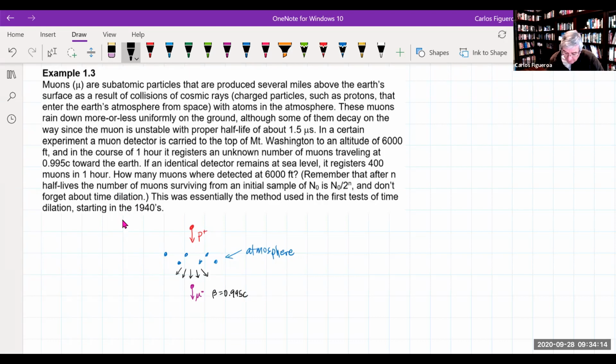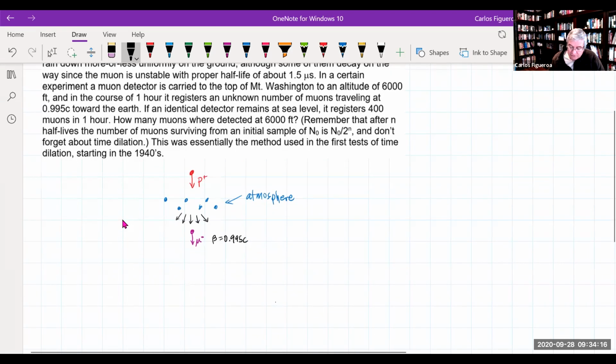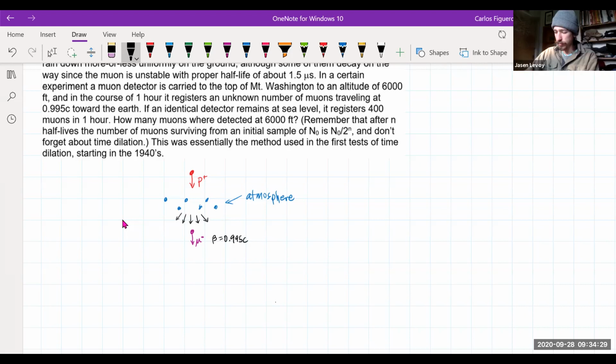And the first experiment was with Mount Washington. And then in later experiments, it started happening with balloons. But the Mount Washington experiment is the original one. So if you go to New Hampshire, they have this mountain.